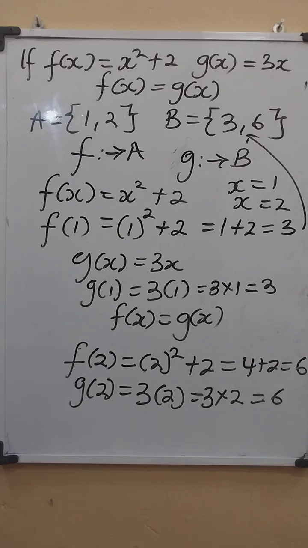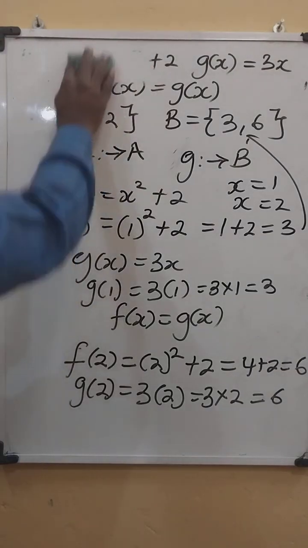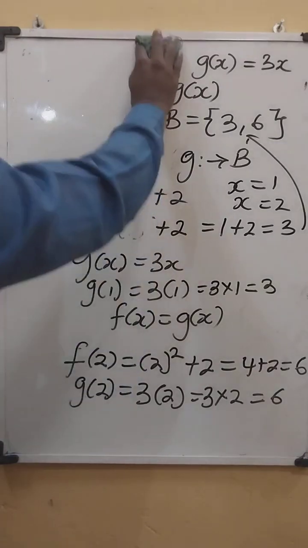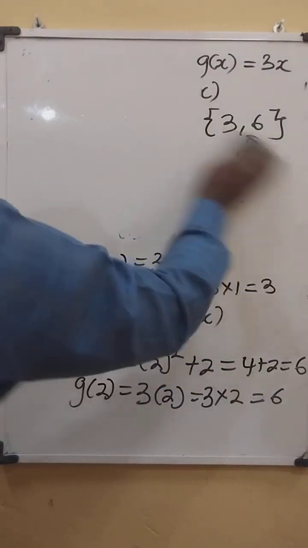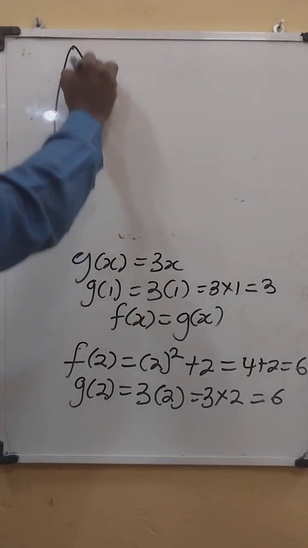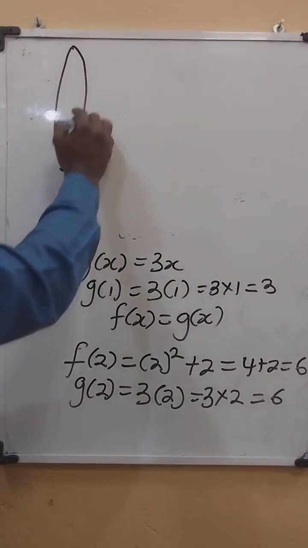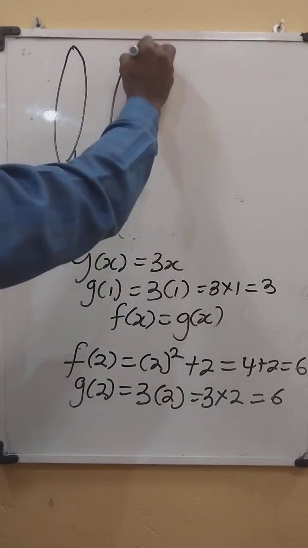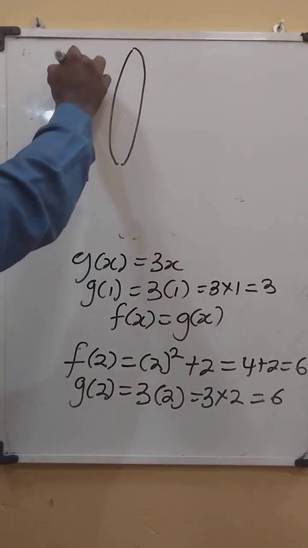So now let us represent it in mapping form. Let us map this particular information now. If I'm taking out this domain and another domain, what did we have there?